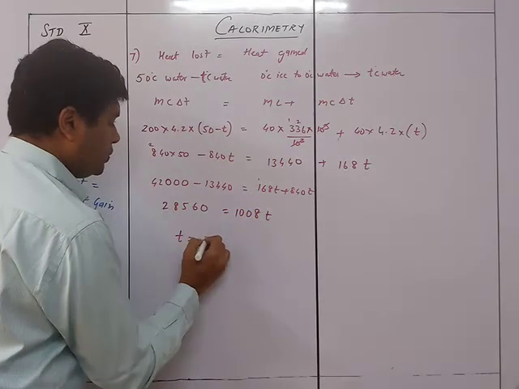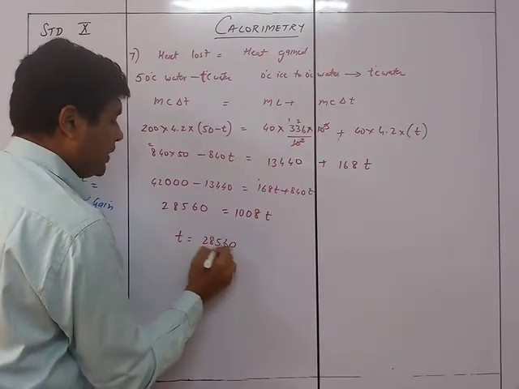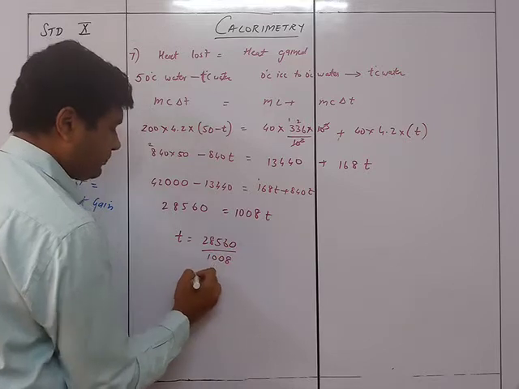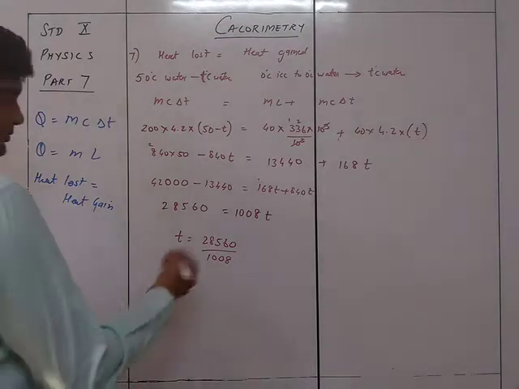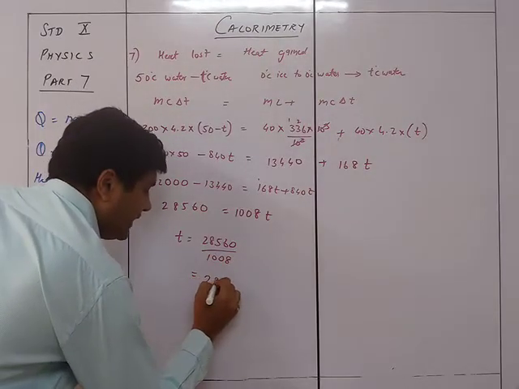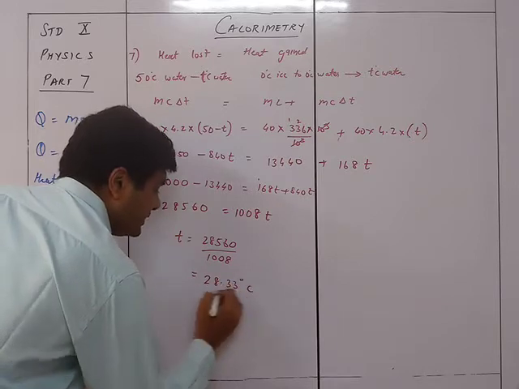So T will be equal to 28560 upon 1008, okay, so if you divide it, 28560 divided by 1008 will give you 28.33. So you can just write it down. So it is 28.33 degrees Celsius.